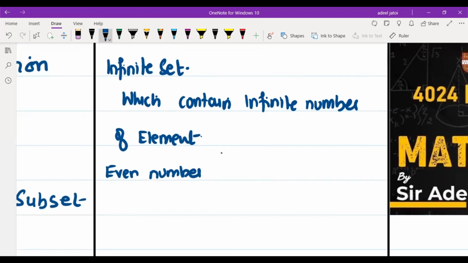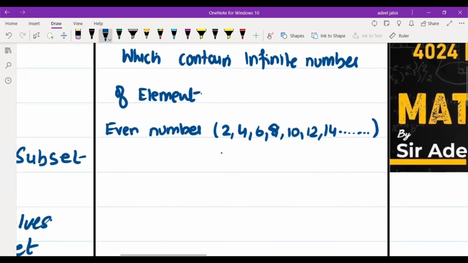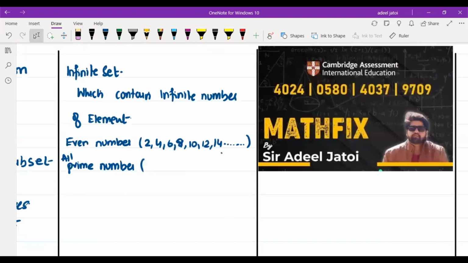Even number is very open, which means it will start with 2, 4, 6, 8, 10, 12, 14, and it will go on till any value that you have. Or let's say prime numbers. All the prime numbers can be represented through 2, 3, 5, 7, then 11, and it will move on and on. So that is your infinite set.